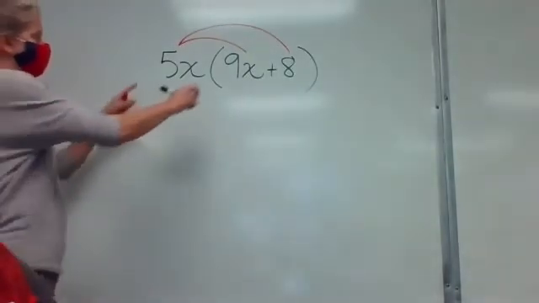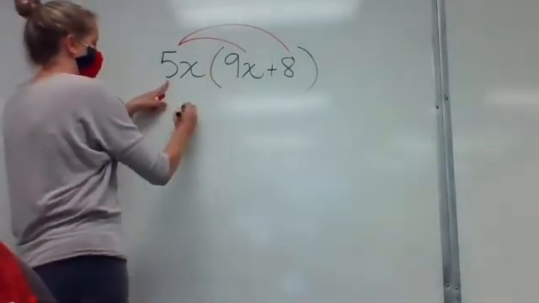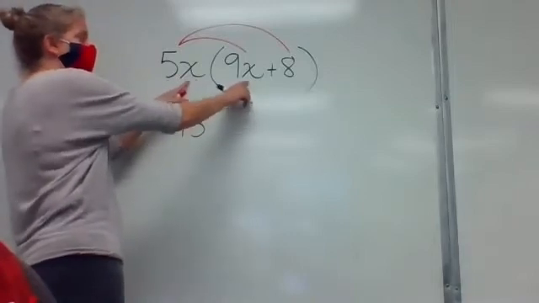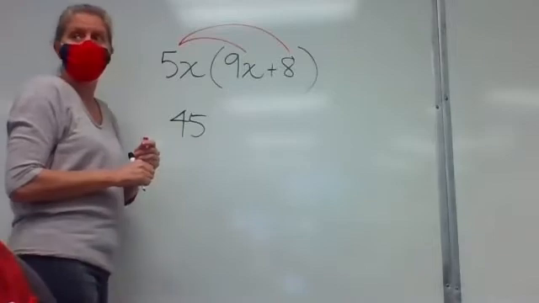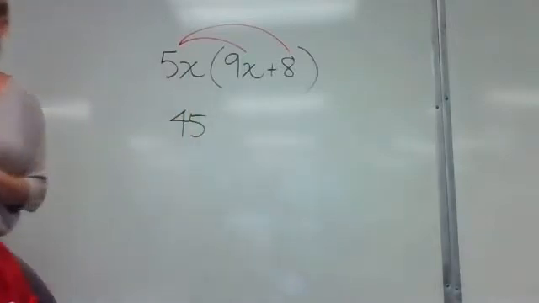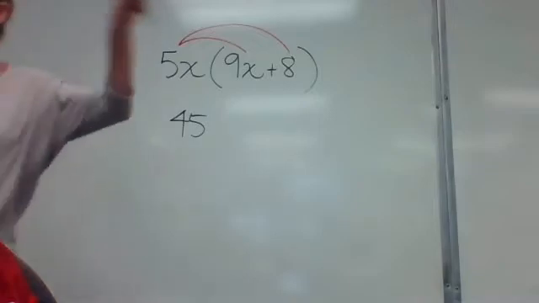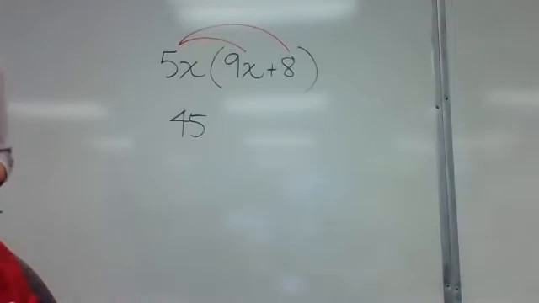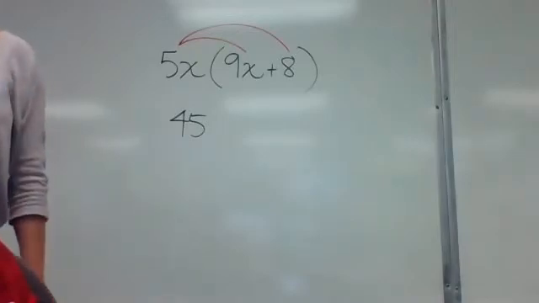So let's see, 5 times 9 gives me 45. What are you going to do with these exponents? I'm multiplying the same bases, right? They're both x's, which means I have to add their exponents, just like I was doing on those last few problems, which means I need to see their exponents.